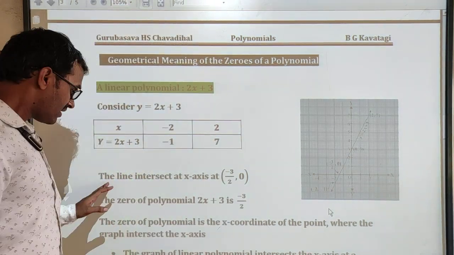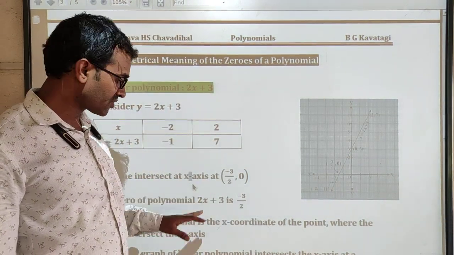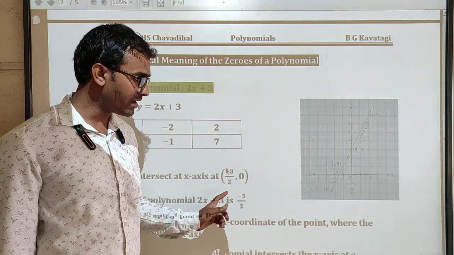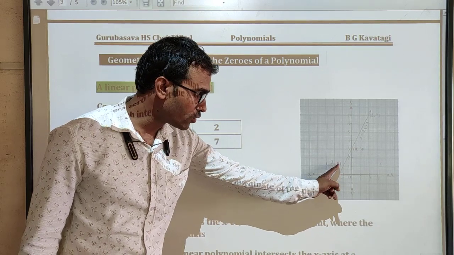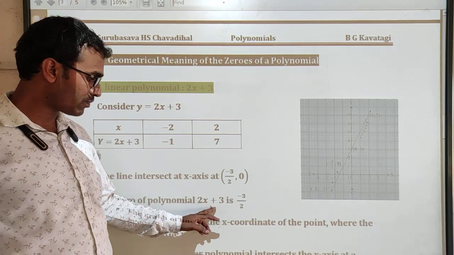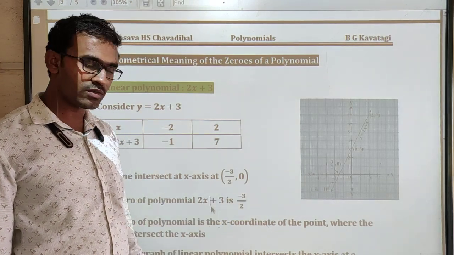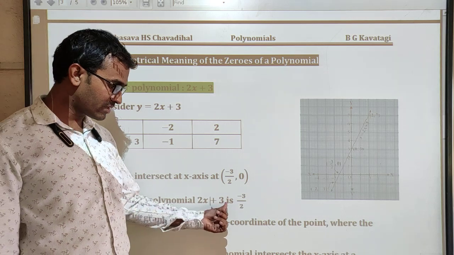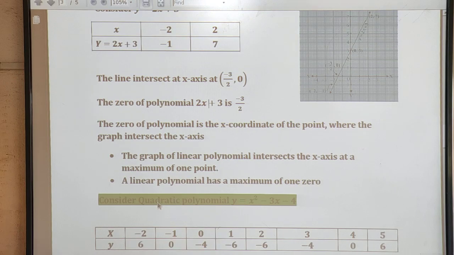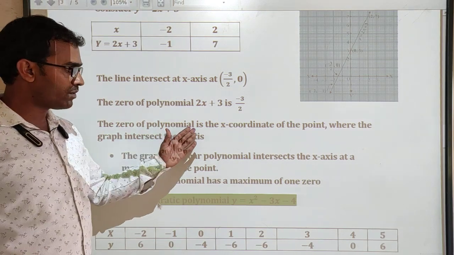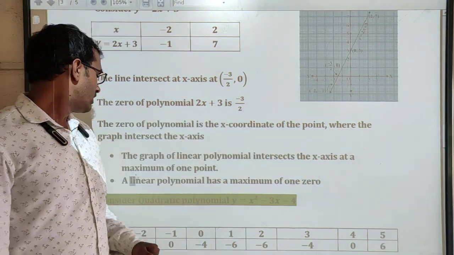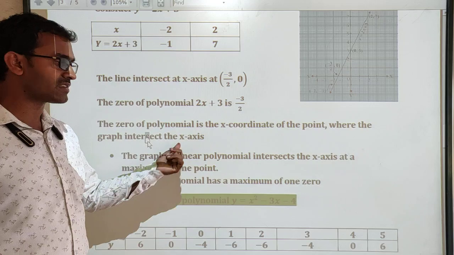The line intersects the x-axis at the point minus 3 by 2 and 0. The zeros of the polynomial 2x plus 3 is minus 3 by 2. And the zeros of a polynomial is the x coordinate of the point where the graph intersects the x-axis.